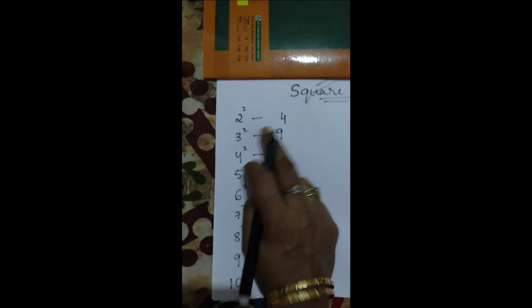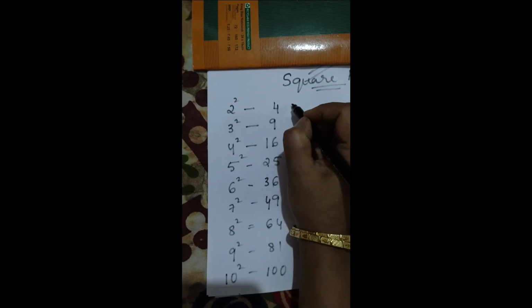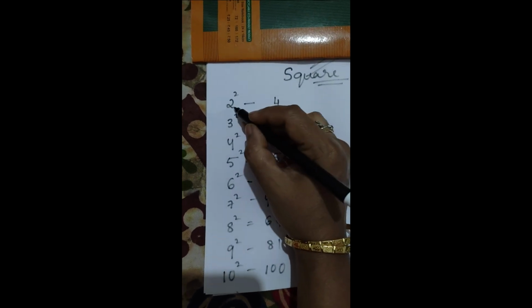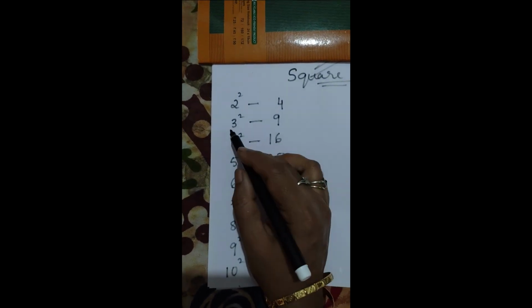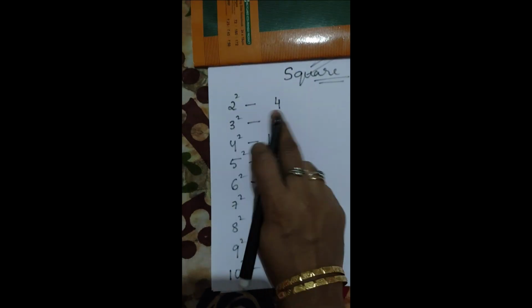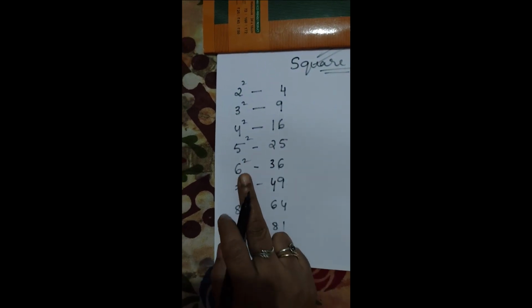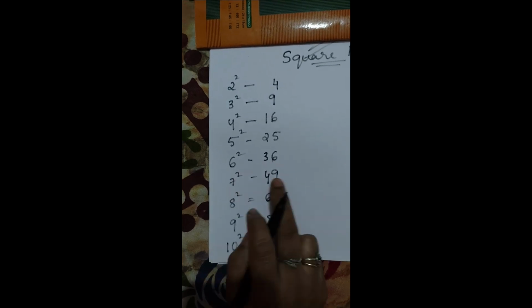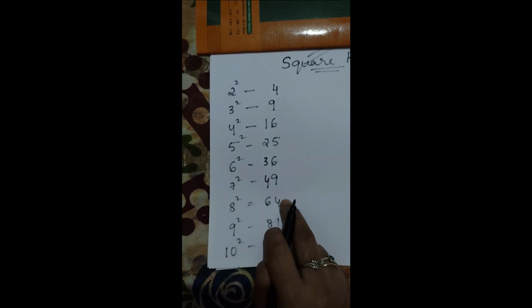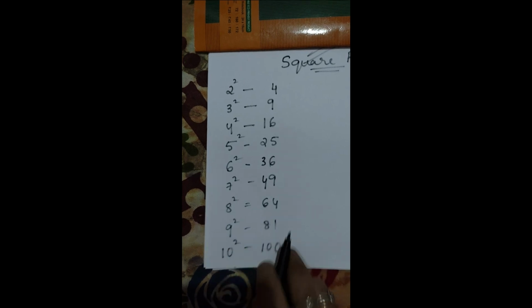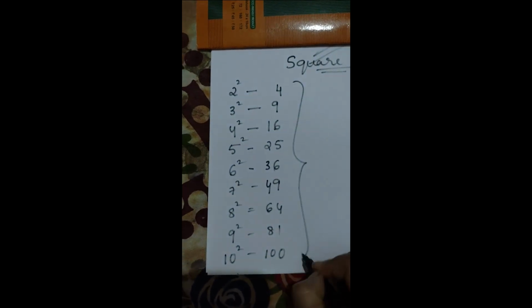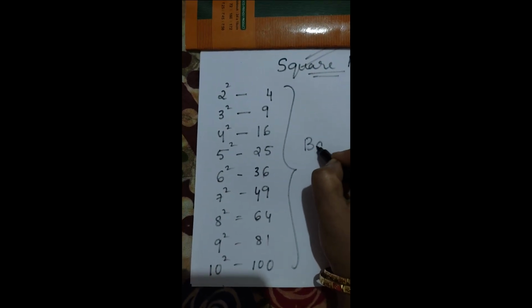2 square 4. So you can write it like square root of 4 is 2. Square root of 9 is 3. Like that. 2 square 4, 3 square 9, 4 square 16, 5 square 25, 6 square 36, 7 square 49, 8 square 64, 9 square 81, 10 square 100. This is basics. You should know this.